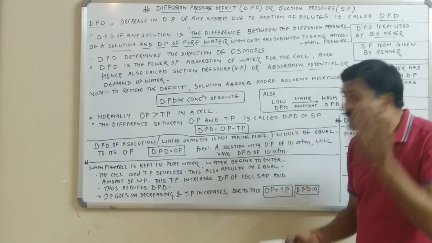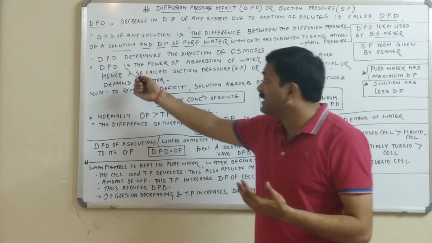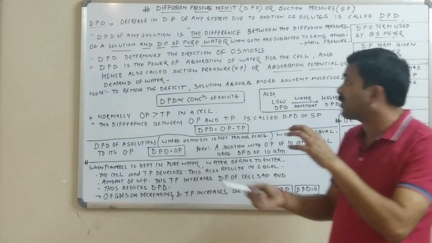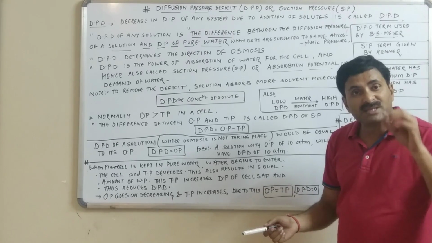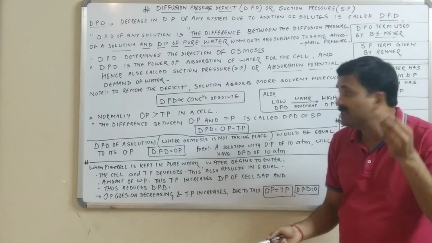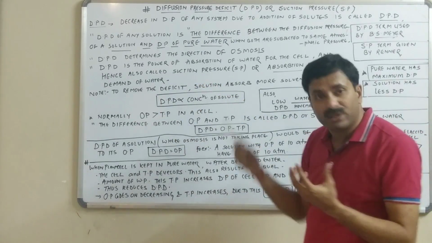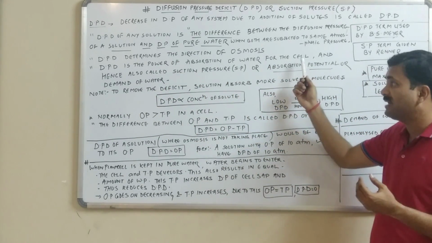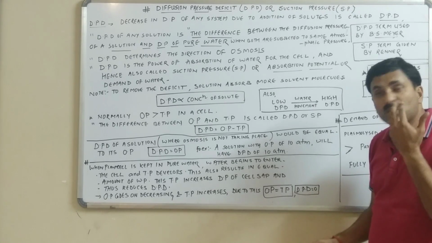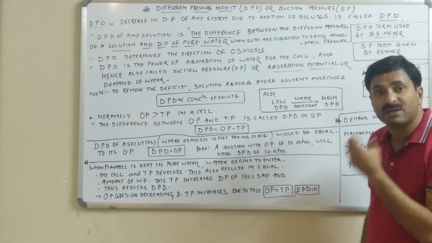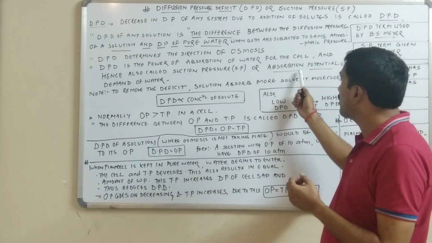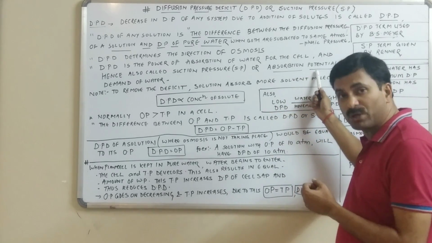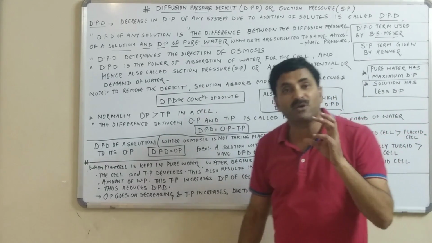Because of this, we can say that DPD is the power of absorption of water. A solution which has a high DPD will absorb water. DPD is the power of absorption of water for the cell, and hence it is also called the suction pressure, that is the SP, or the absorption potential, or the demand of water.